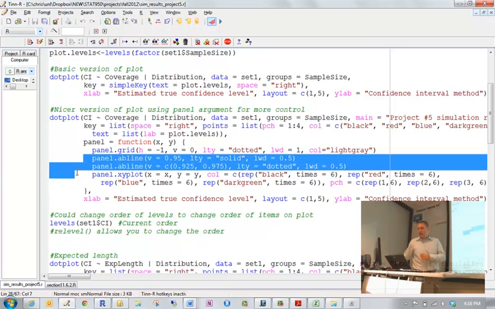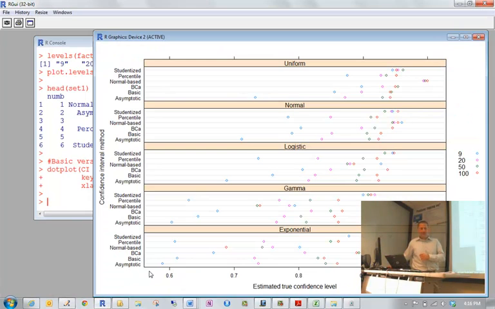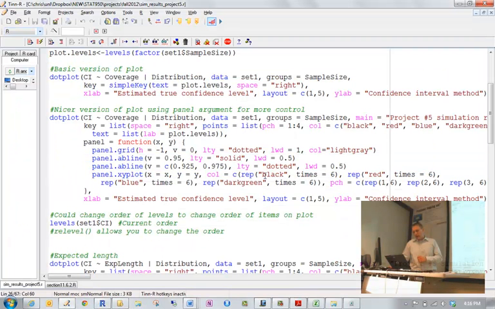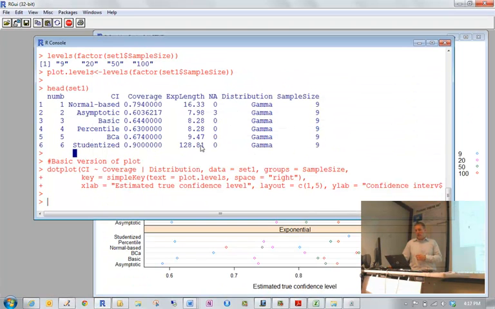Then I plot vertical lines at 0.95 so that I can get basically a line that goes up here. But also to emphasize that margin of error, you could say, that simulation variability, I'm also going to draw lines at 0.925 and 0.975 as well. Finally, this panel.xyplot says let's plot what's on the x-axis, y-axis. To get the color correct for the corresponding sample sizes, notice how the data is arranged here.